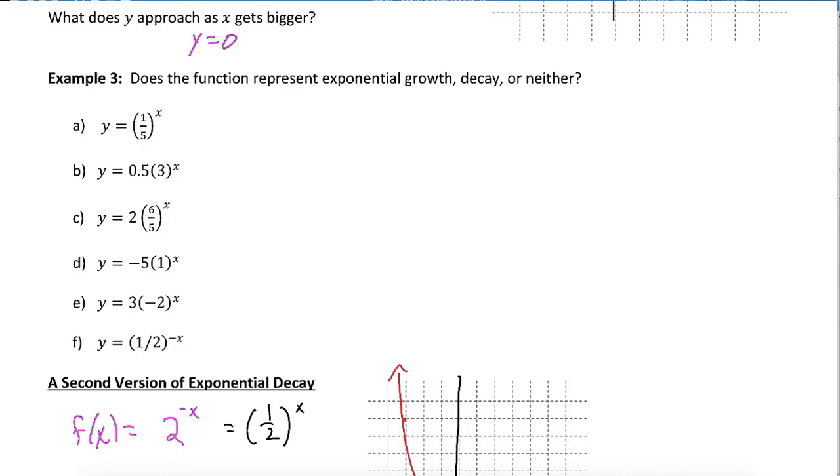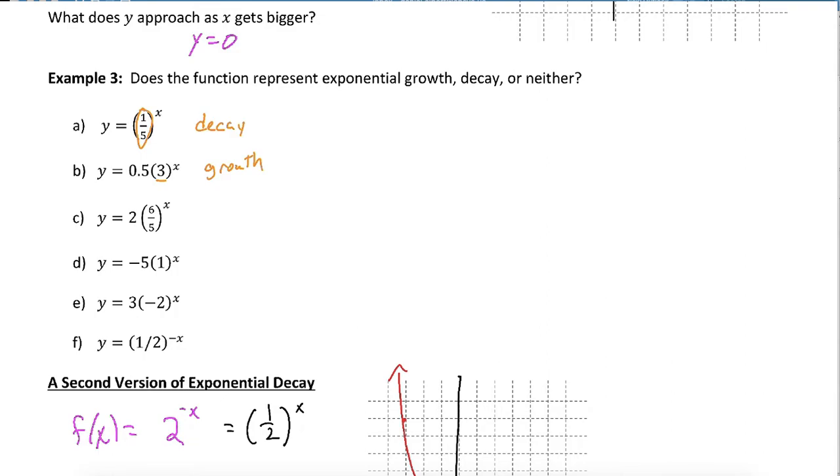If either of those two situations are true, then the function is exponential decay. Like in part A, because the fraction is the base, it is exponential decay. For part B, I don't really care about the 0.5. That doesn't matter to me at all. What matters to me is that the base is bigger than 1, so this is exponential growth.